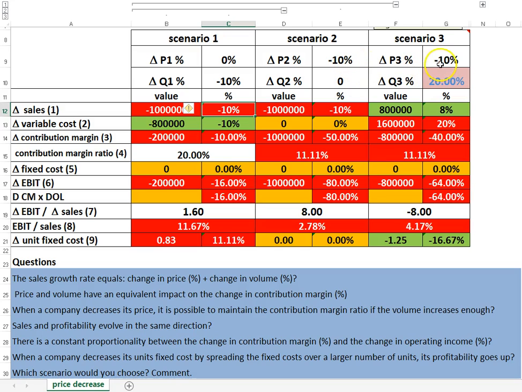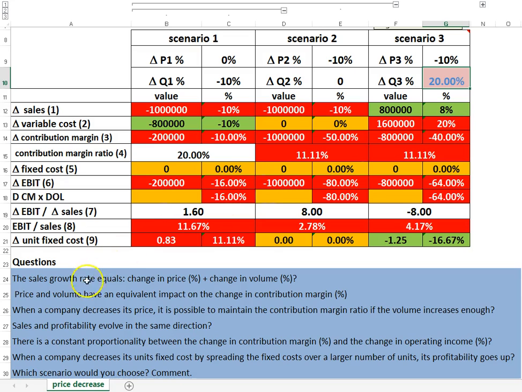But as soon as you change both the price and the volume, you can't sum up delta P and delta Q, because in that case you would get plus 10 when the change in sales equals plus 8. So the assertion was wrong.